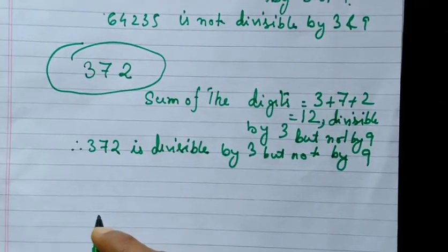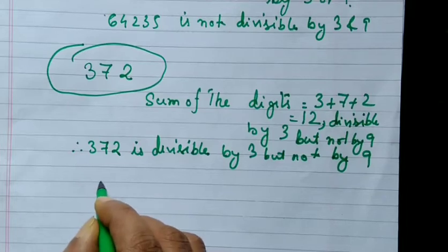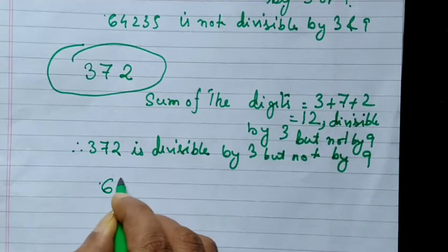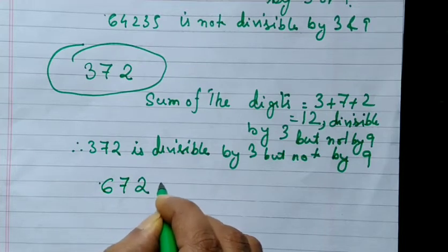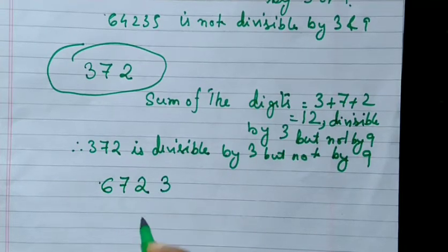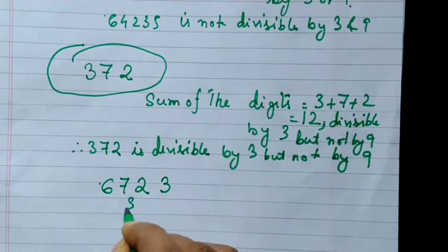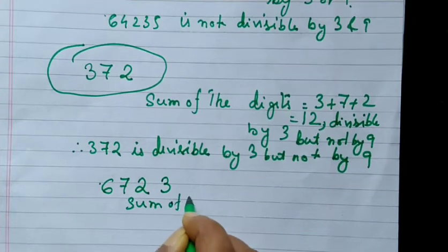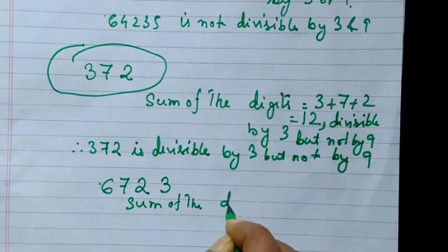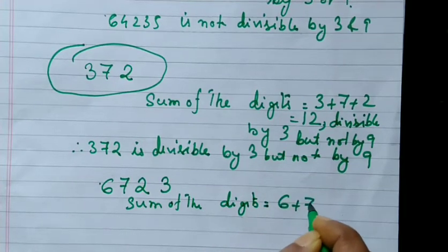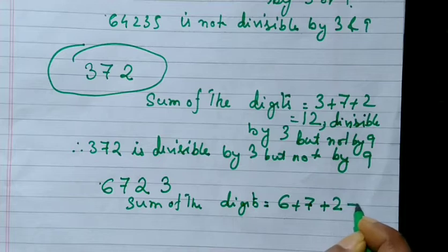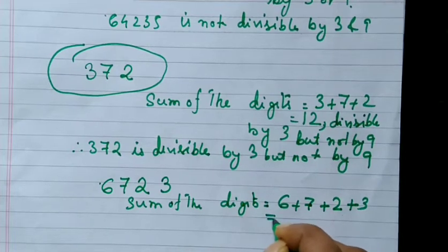Now take one more example. Now here see the sum. 6 plus 7, 13, 13 plus 2 is 15, 15 plus 3 is 18.